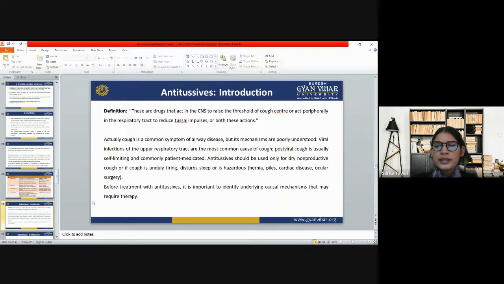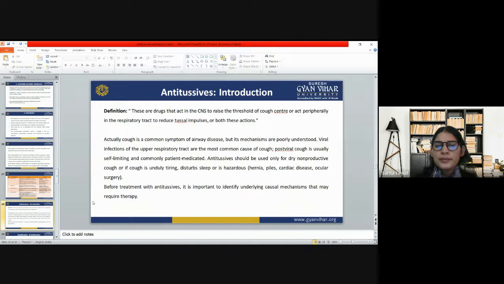Post-viral cough is usually self-limiting, and antitussives should be used only for dry, non-productive cough, or if the cough disturbs sleep or is hazardous, as in hernia, piles, cardiac disease, ocular surgery. So for dry cough we can use antitussives.